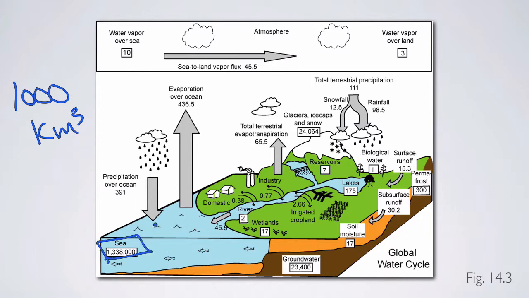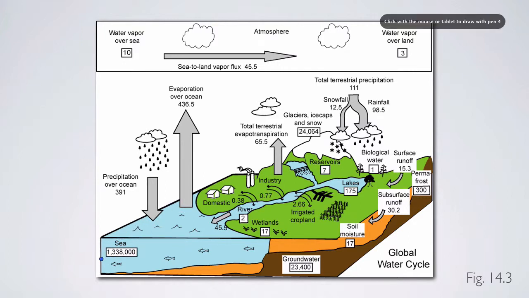And here is the largest pool of water in the world, and that's in the oceans. That's not something that's surprising, but on a relative basis, we're talking over 1,000,000 cubic kilometers of water there.